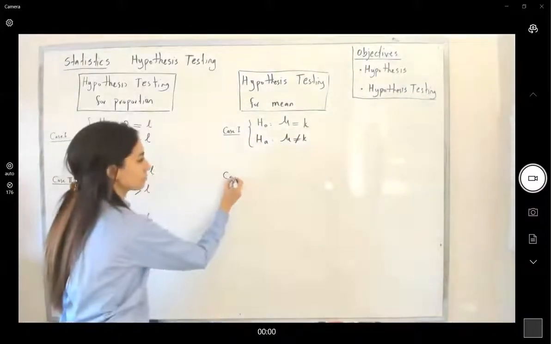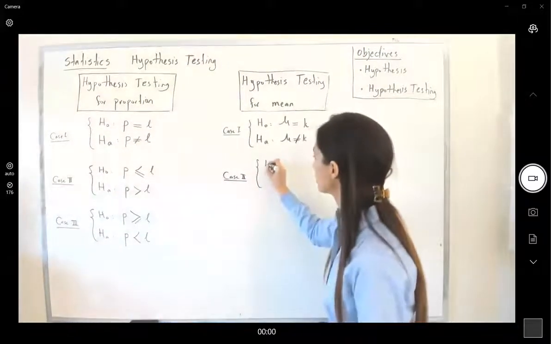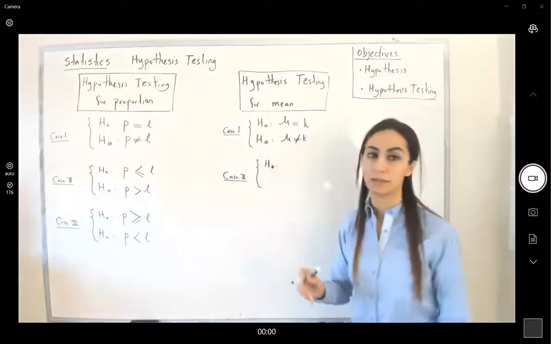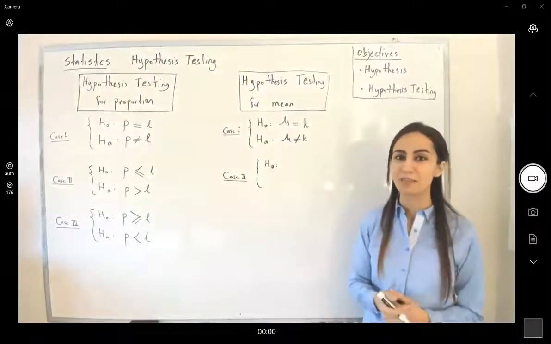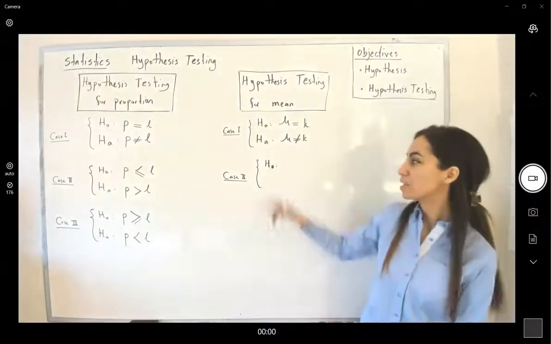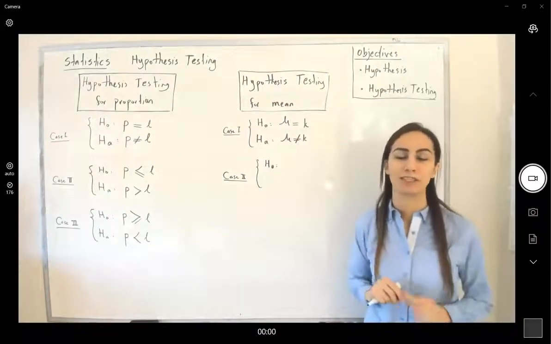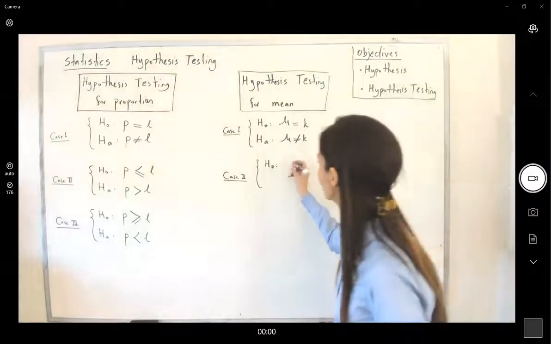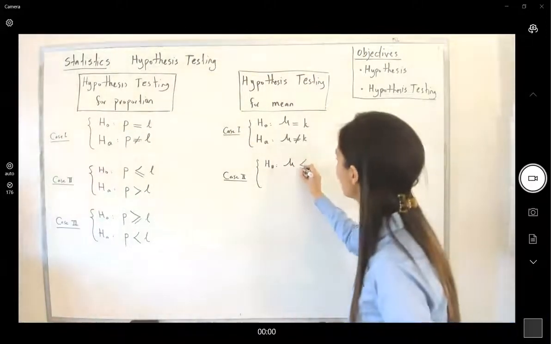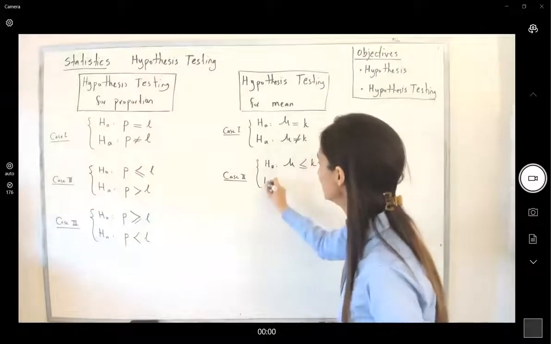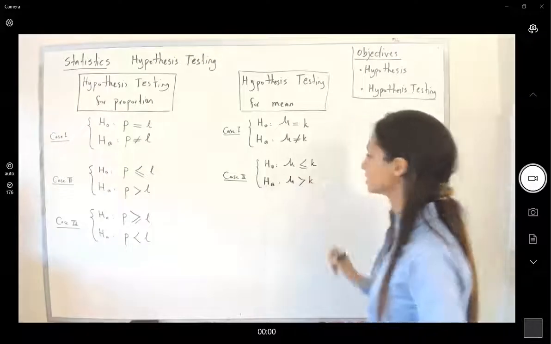The second case, case 2: when you read the question, you have, for example, information about the alternative hypothesis or null hypothesis. Suppose the information about the null hypothesis can be identified in the question, and it's mu, the mean of the population, is less than or equal to k, so its complement can be written as mu is greater than k.